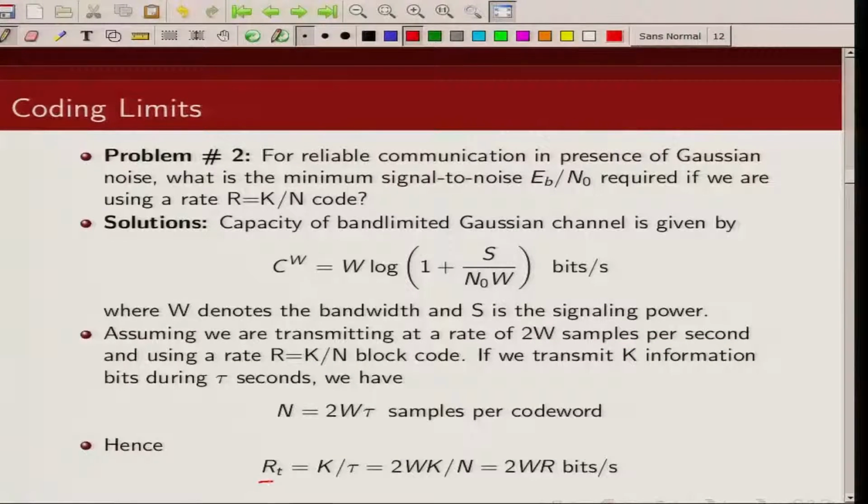Our transmission rate is k information bits over tau time, which we can write in terms of samples per code word n, and k by n is nothing but our code rate. So, this transmission rate is given by 2WR bits per second, where R is my code rate.